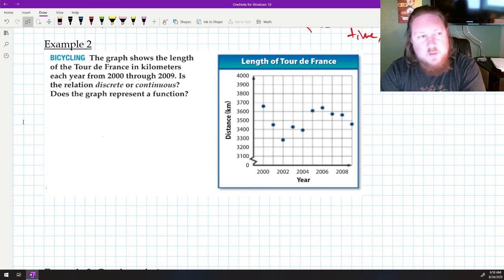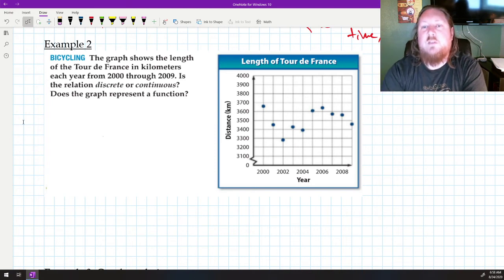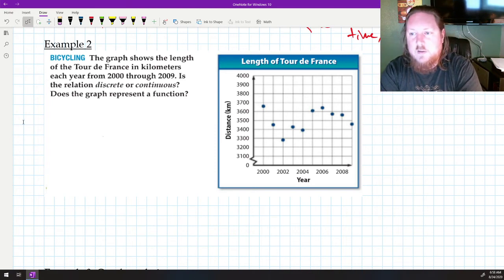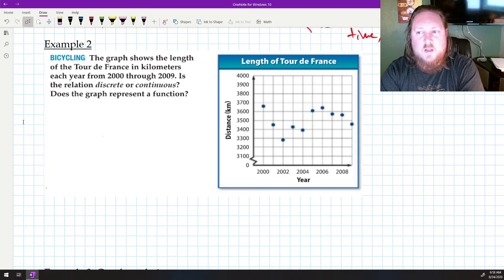Well, when we take a look here, the graph is just made up of a bunch of points, which is definitely going to suggest discrete. But we have to think, is there a reason why these points would ever need to be connected together?